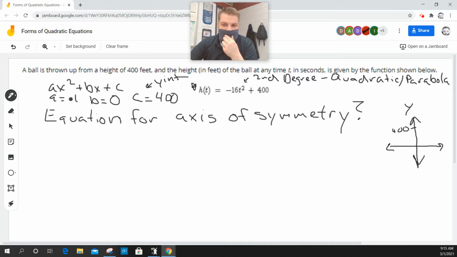But the a is -1. So this -1 means that my U shape, my parabola, is going to go down like this. Okay? It's going to go down.